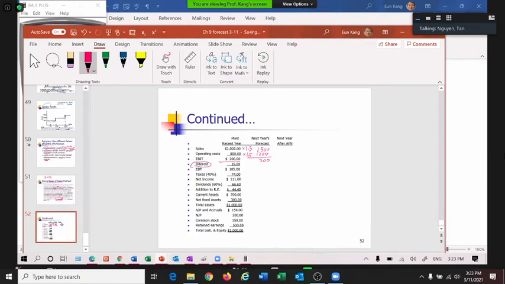Sorry about that. Where did 1,300 come from? So sales is 1,500 minus 1,200 is 300 times 8%. No, 300 is EBIT. Don't forget what interest is.